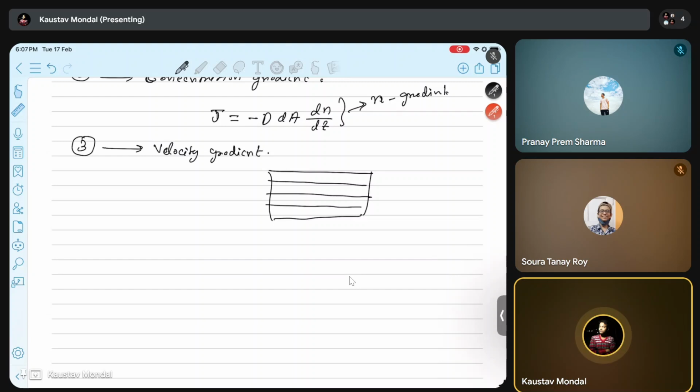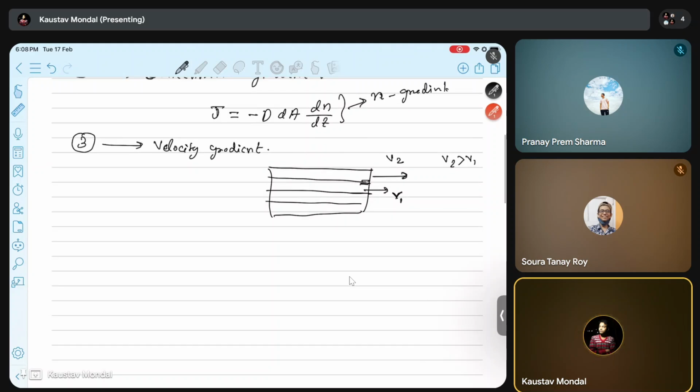Let's suppose one layer moves faster than the layer right below it. In that case, there should be a friction between these two layers, right? Because of that, both the layers try to move with equal speed, and because of that there is a friction created between those two layers, which we know as viscosity in the system.